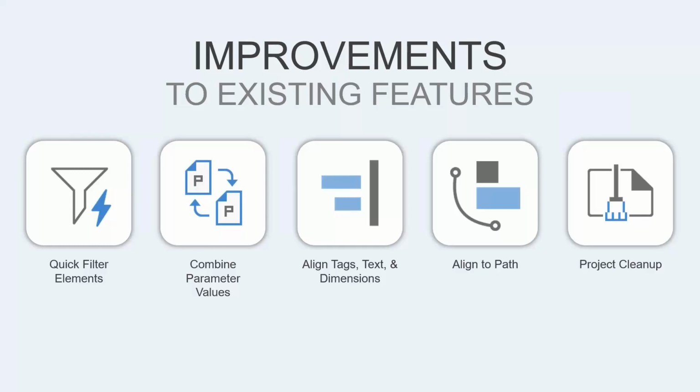The align to path actually works the exact same way, except we've moved the options for it to a modeless dialog to free up space in the toolbar. So it's no longer in the toolbar, it's in a modeless dialog. And lastly, in project cleanup, we added the purge unused function.